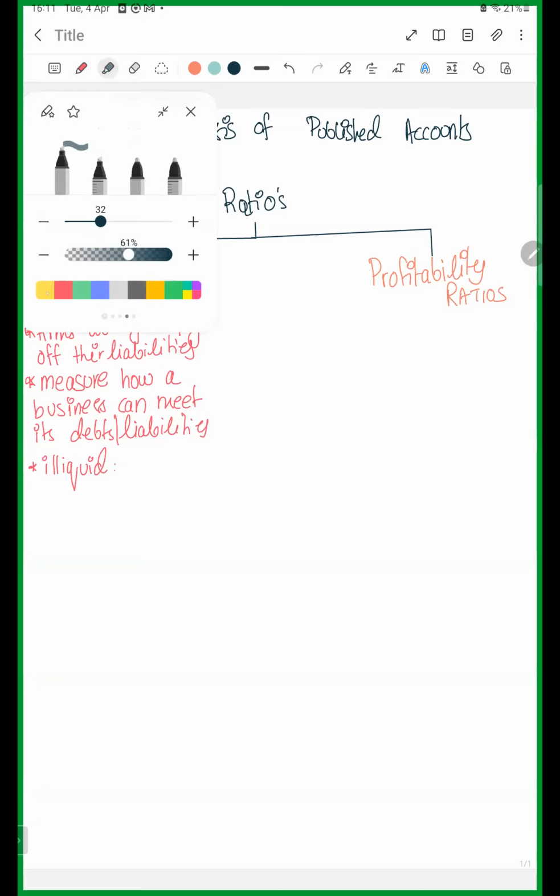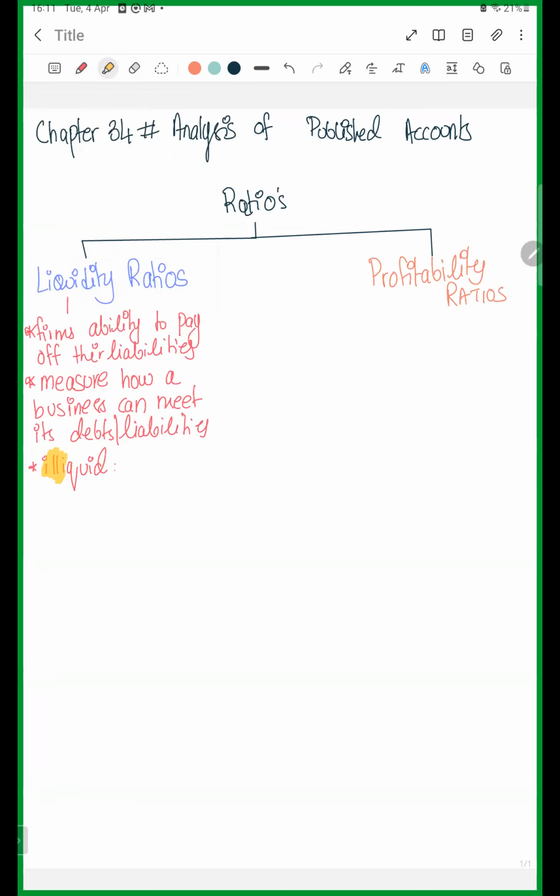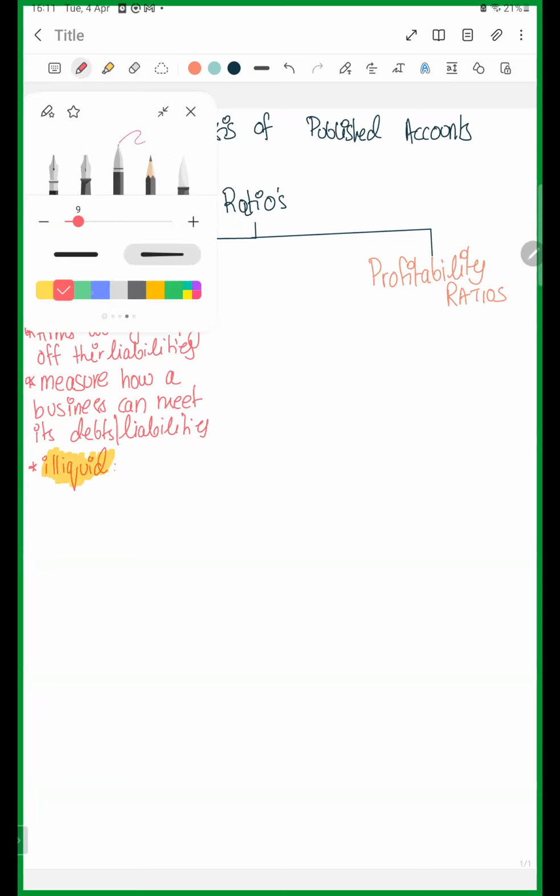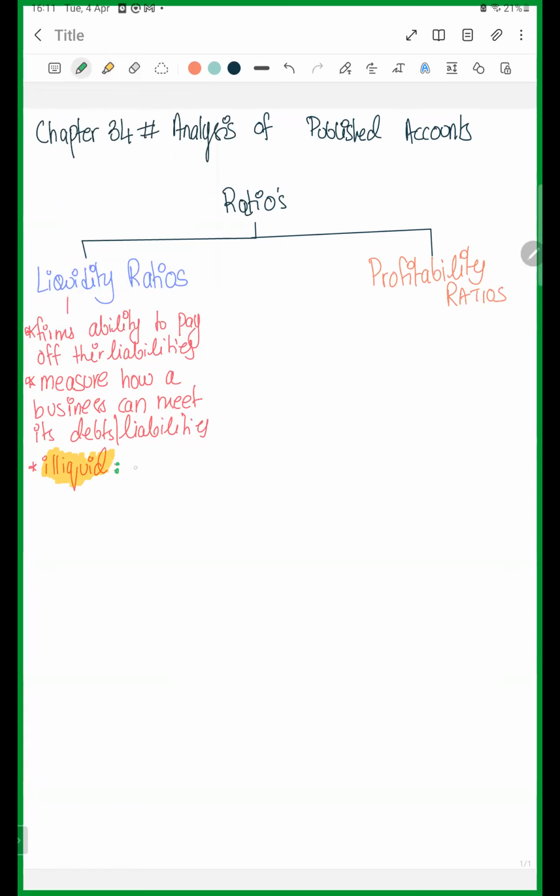And if you are an illiquid business, one that fails to pay off the money that they've borrowed, then your suppliers, investors, nobody would want to work with you. So the very first liquidity ratio is your current ratio.